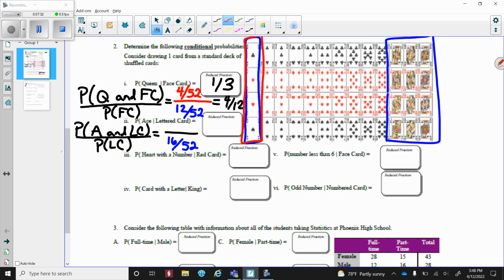So just like a queen is a face card, an ace is a letter card, so it's just the probability of pulling an ace, which in this case is 4 out of 52, not 5 out of 52. I got excited about the 52. When we start to simplify this, we're going to get 4 out of 16 because those 52s are going to cancel. And when we simplify that one more time for a fully reduced fraction, we get 1/4.